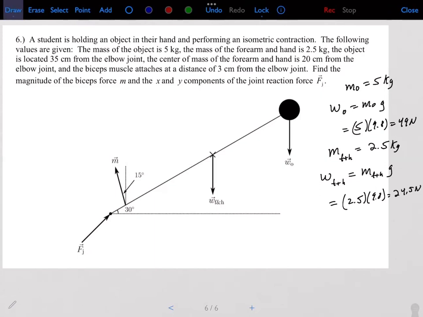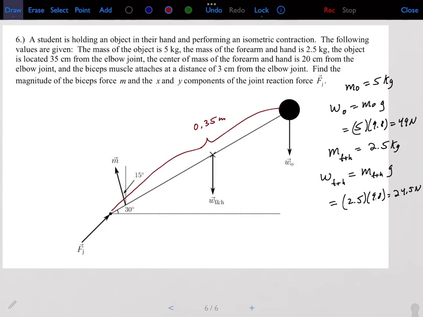Okay, so we know that the object is located 35 centimeters from the elbow joint. So this distance from here all the way to here is 35 centimeters, which I'll write in meters immediately. So it's 0.35 meters.